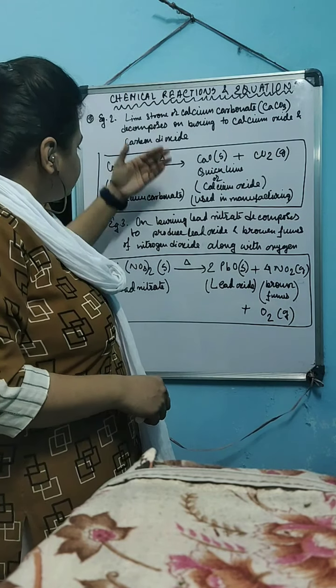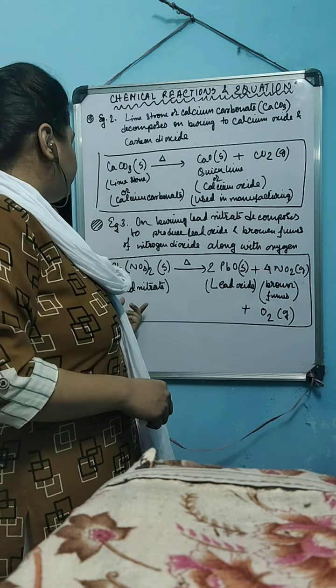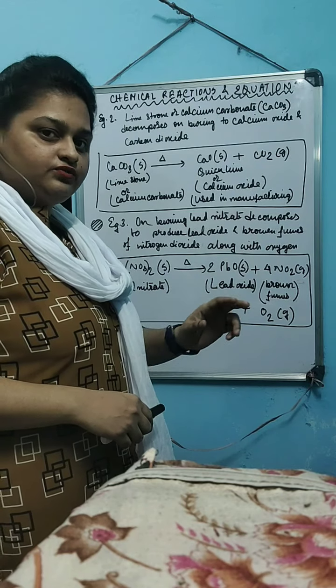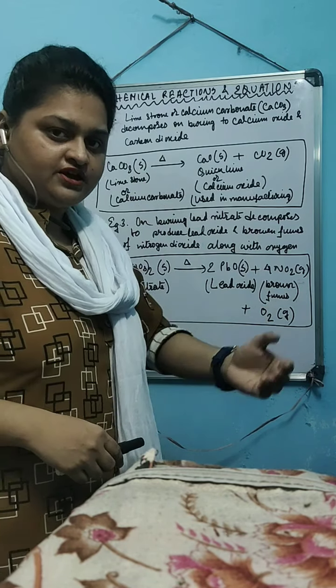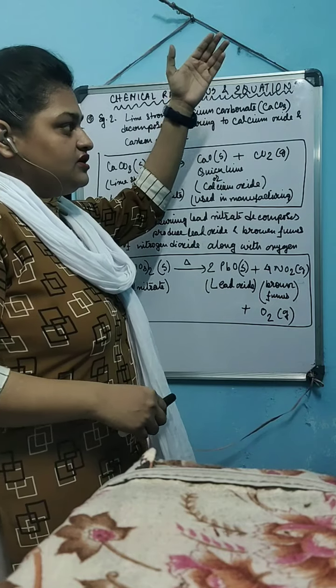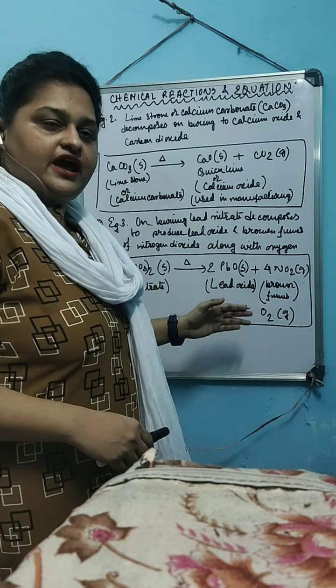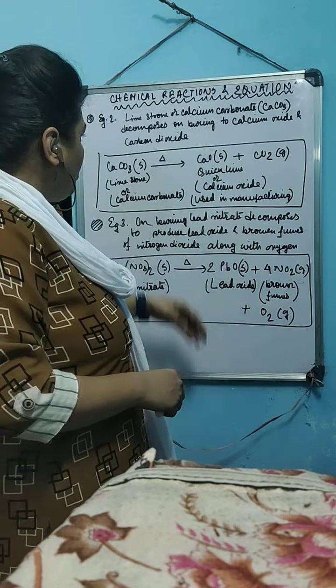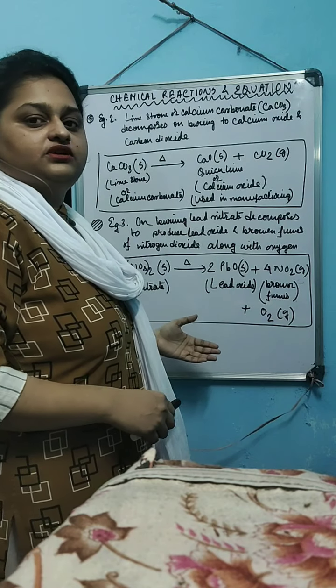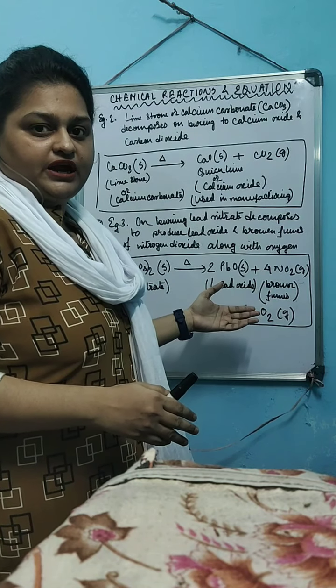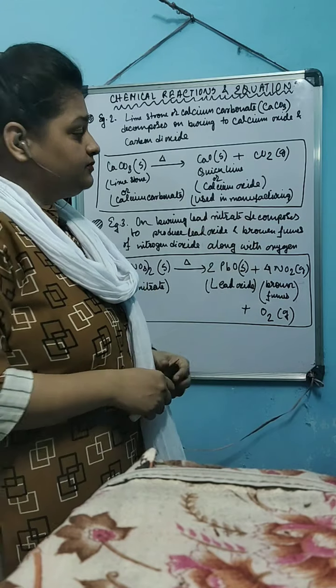In all these cases, the initial component that we have taken is one, which after heating gives simpler products, including in the first example. So all these three examples go under one reaction type, that is decomposition reaction.